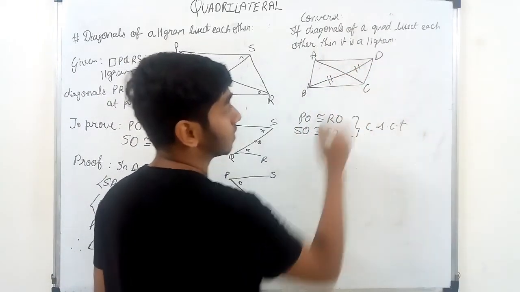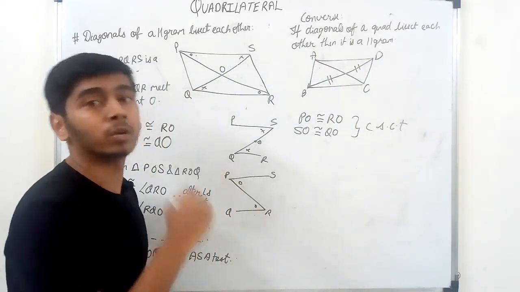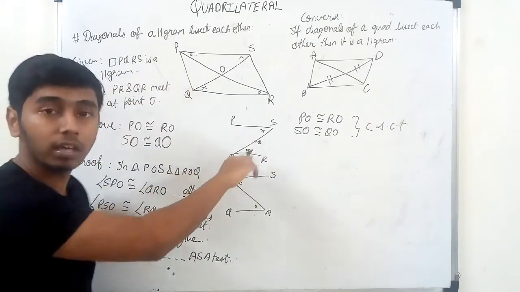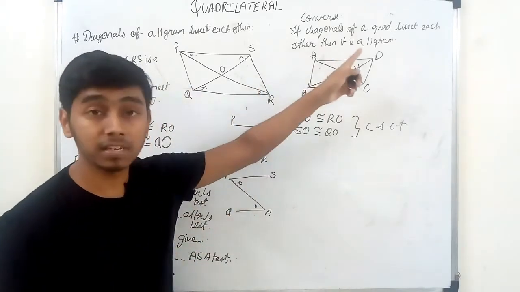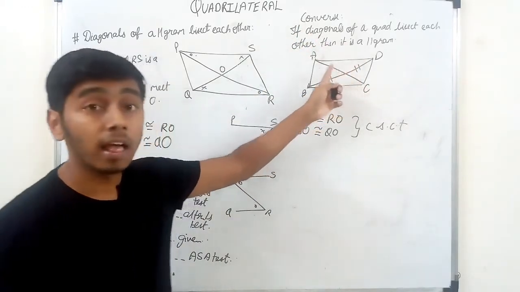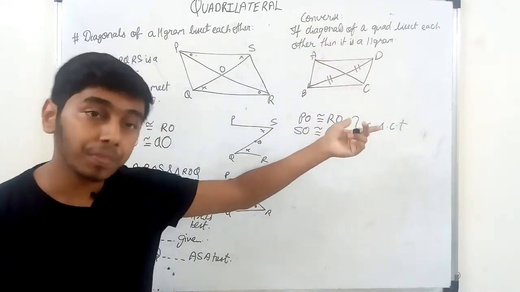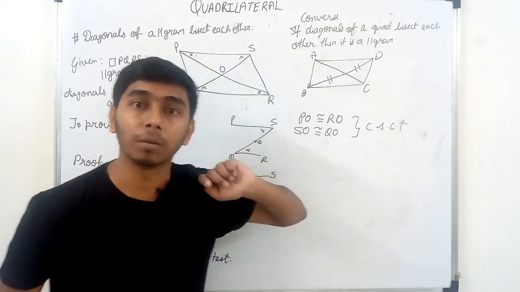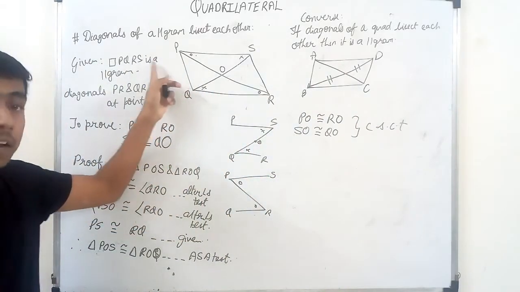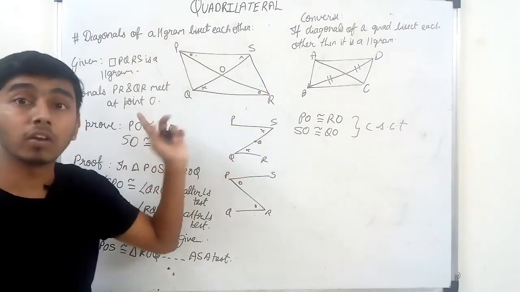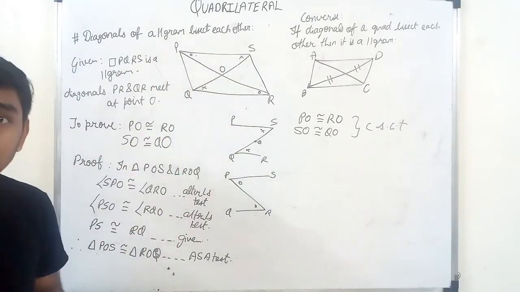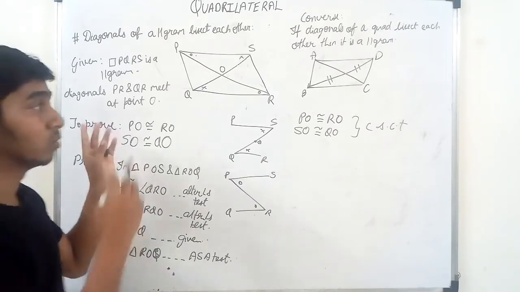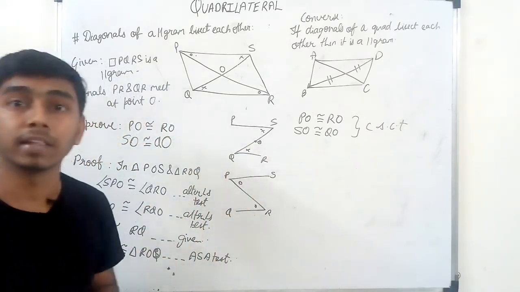That means this and this, they are congruent, already given to you. Here we have to prove. That's why this is called converse. This theorem says that diagonals are bisecting, and we have to prove that it is a parallelogram. But in the normal theorem, the parallelogram is already given to you, and we have to prove that the diagonals bisect each other. So I hope you are understanding the difference between them.